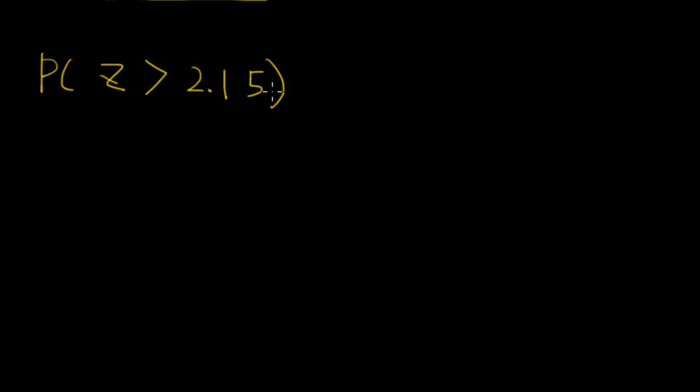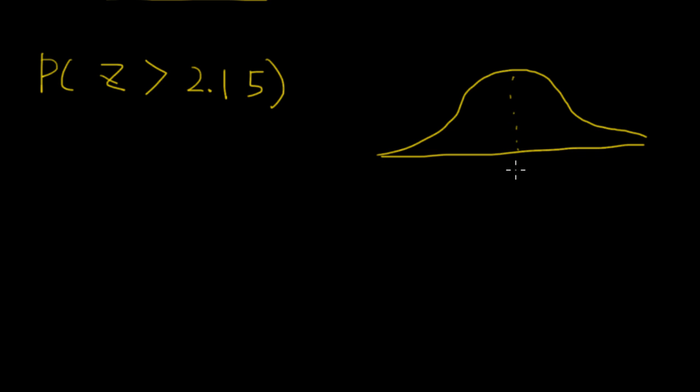Again, I want you to draw a small graph. You know it's going to be 0 there. Say 2.15 is here. You want the Z value to be bigger than this number. That means it's going to be here.